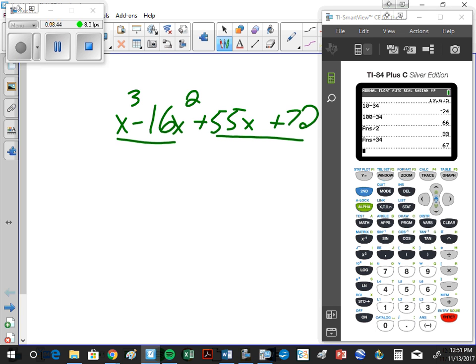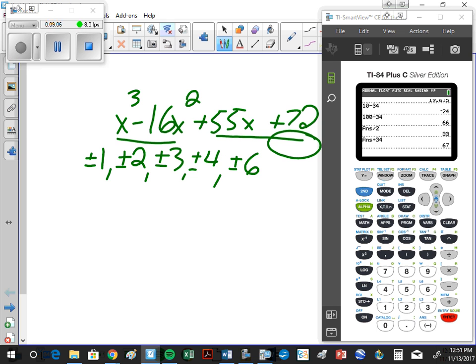So this is kind of a hard one because we have 72 to deal with. So what numbers go into 72? Plus or minus 1, 2, 3, 4. Does 5 go into 72? No. 6. If 2 and 3 go into 72, then 6 will. 7 is a no. 8. 9. 10. No. 11. No. 12. 13's no. 14's no. 15's no. 16.